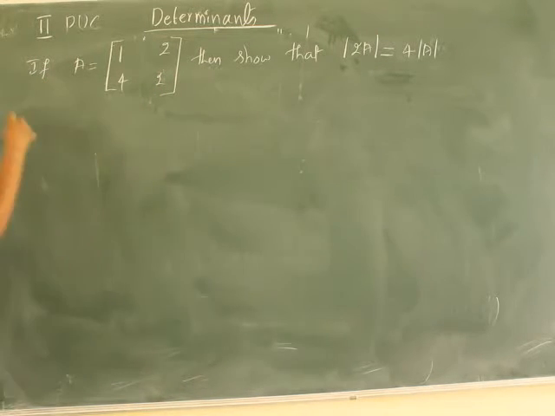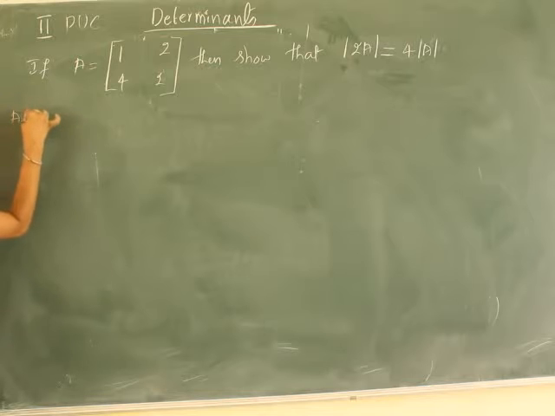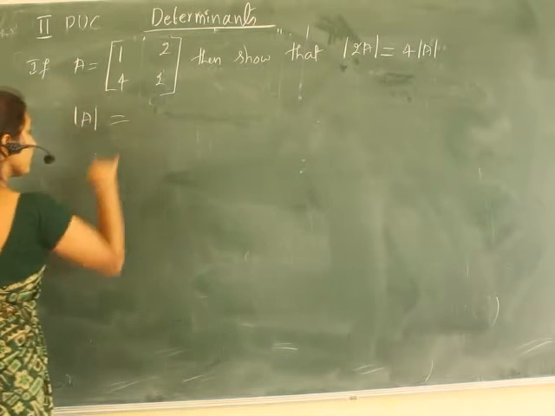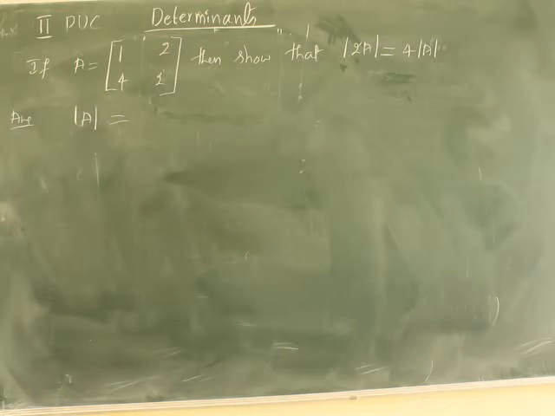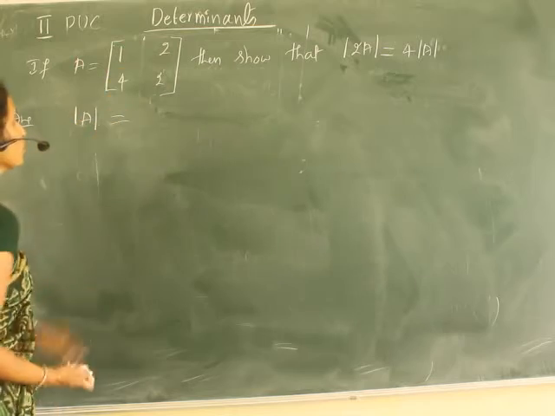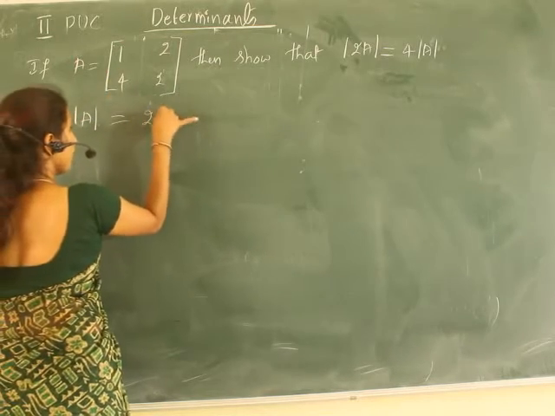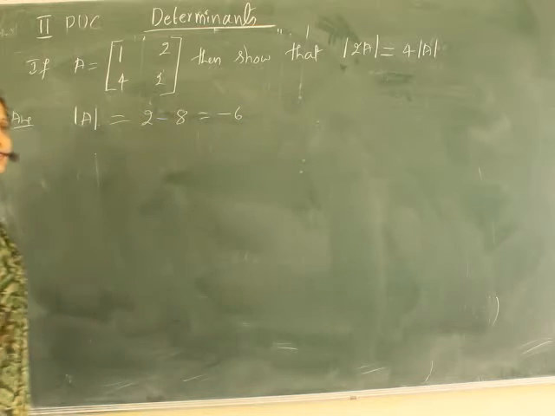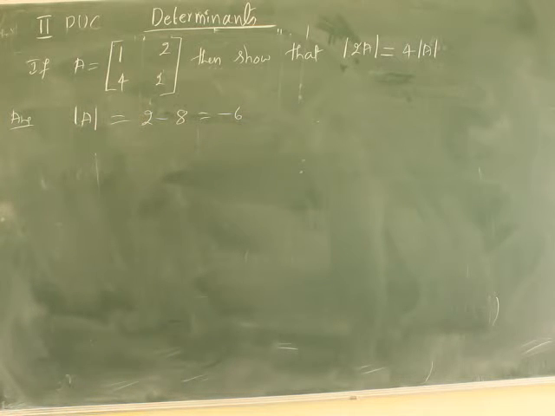So first calculate determinant of A. Any value you can calculate determinant of A. So what is determinant of A? Determinant of A is 1 into 2, 2, minus 4 into 2 is 8. So this will be minus 6. So determinant of A is minus 6.